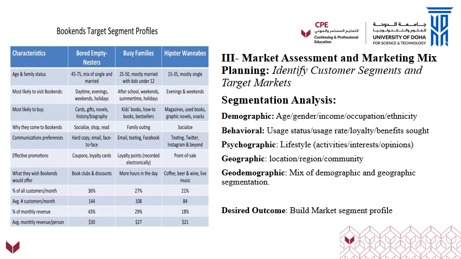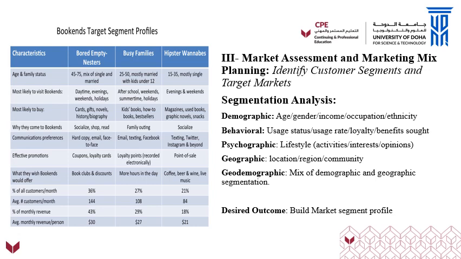Geographic, where do people live? Do they live in urban cities, suburban regions, or in rural places? Where do they live? Does this impact their buying style and buying behavior? For sure, yes. Usually in marketing, to properly identify the segments, like in that case, a bookstore named Bookends, as you see from the table, identified the 3 target segment profiles: the bored empty nesters, the busy families, and the hipster wannabes.